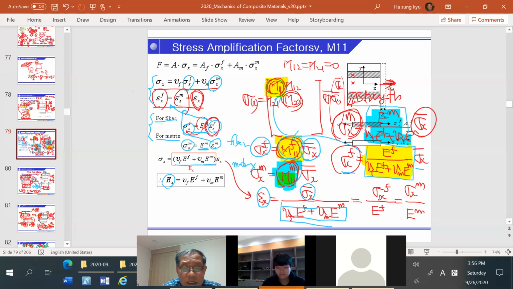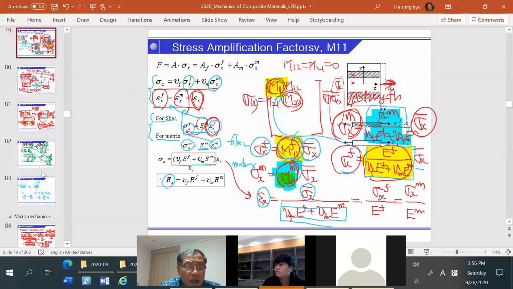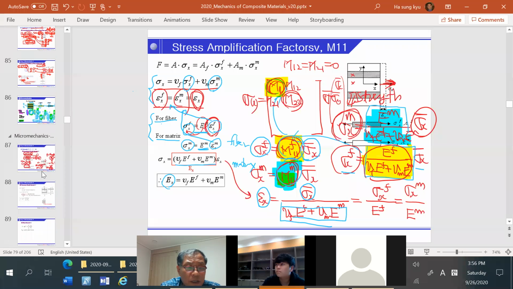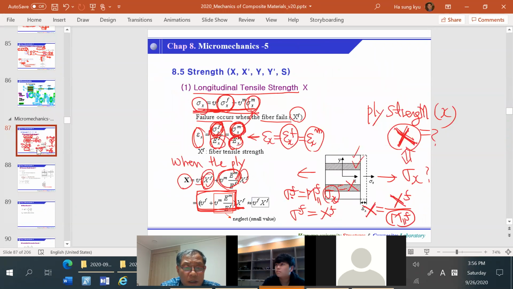Okay, so m11f is this one. So as you can see, the terms will be the same as this one, right?